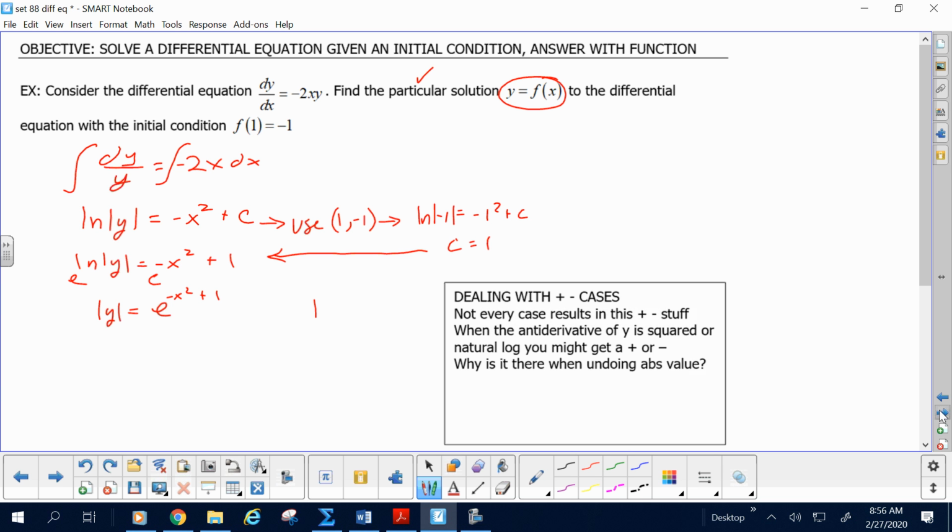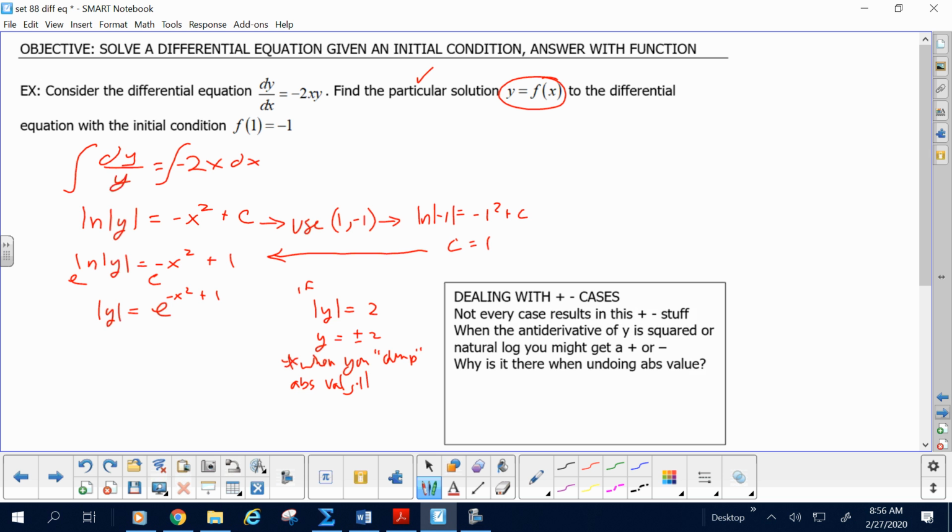If I said the absolute value of y is 2, what would that imply? Y would either be positive or negative 2. Do you agree that either one of those would make that true? So when you lose absolute value, when you, quote unquote, dump absolute value, it's plus or minus.